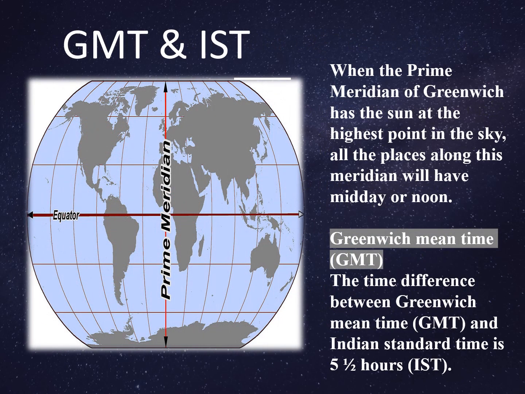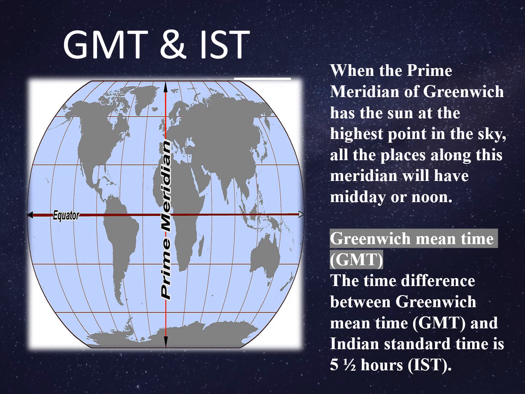Now let us learn about Greenwich Mean Time and Indian Standard Time, that is GMT and IST. These two topics were not given in your textbook. Just for information I am giving you. Greenwich Mean Time you already learned, 0 degree meridian, and IST, Indian Standard Time, that is 82.5 degree east longitude, we learned.